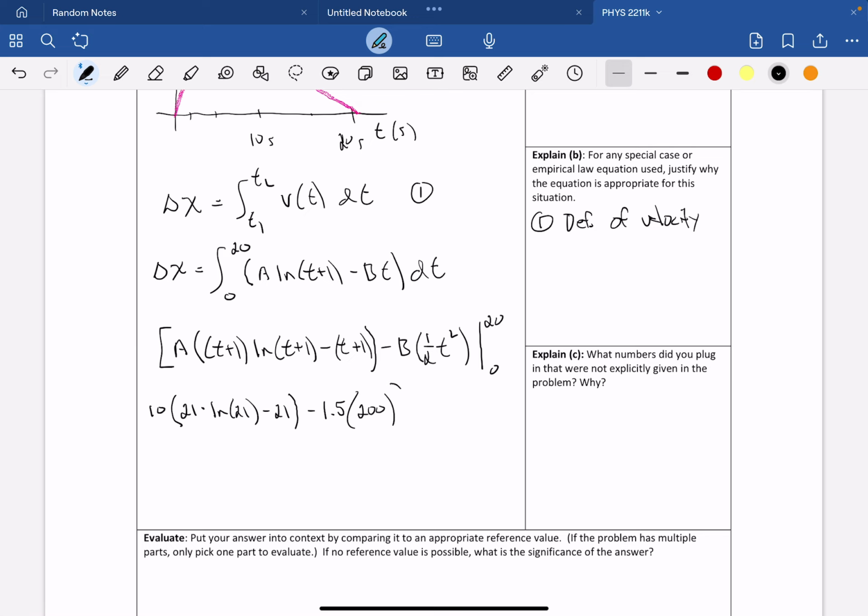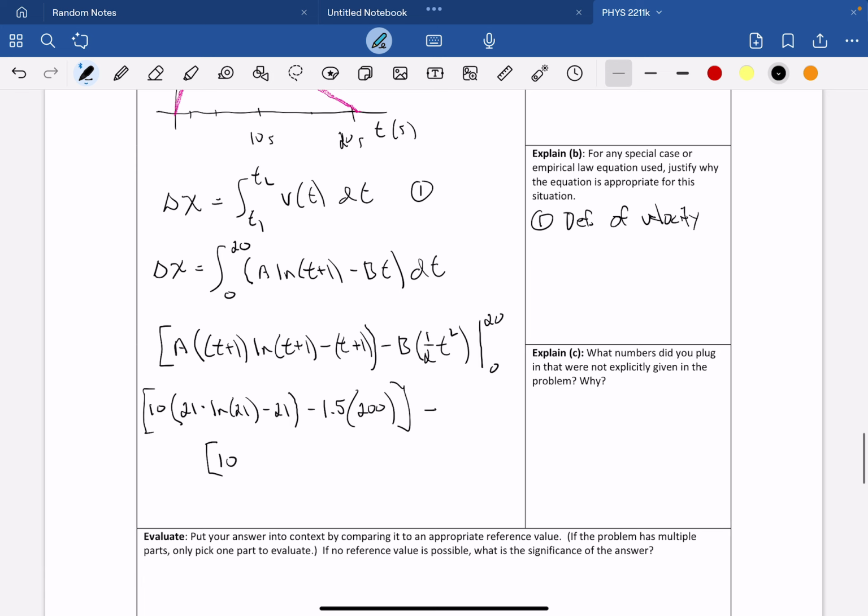So all of that minus 10 times, and now I'm going to be plugging in t equals 0.